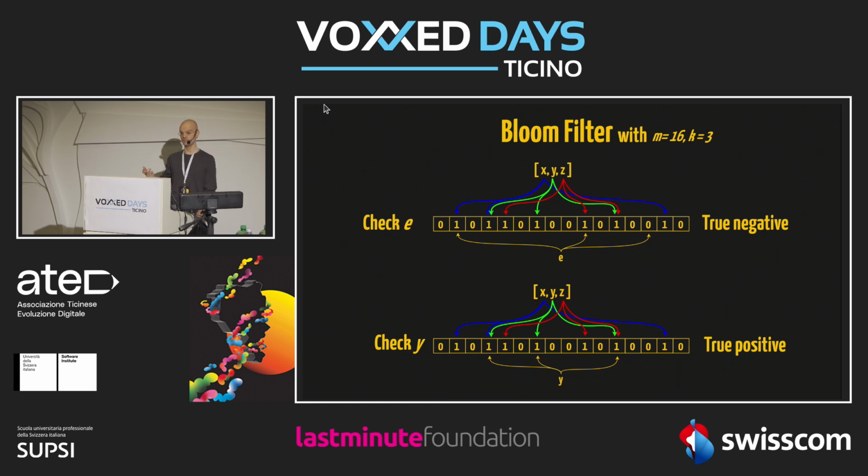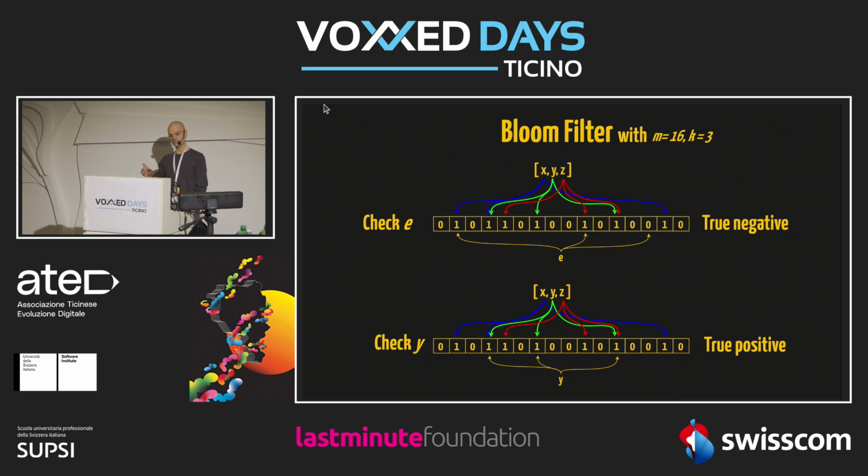And that's a true negative, because we have only inserted x, y, and z. So E is not present. So it's correct, it's not there. And then we see another case. We want to check y. As we saw before, we already inserted y. So the hash functions applied to y map to 3 indexes in the array that are already set to 1.